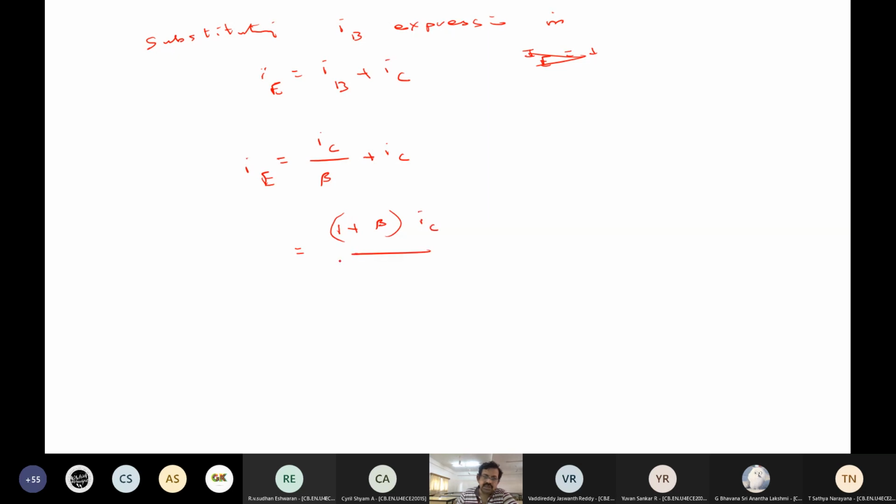Take the common denominator and simplify, you get this expression for IE.